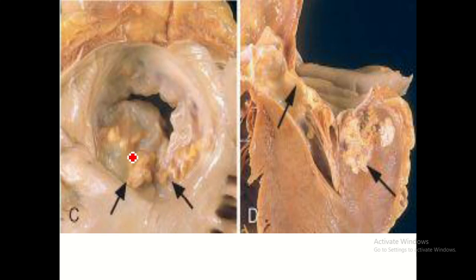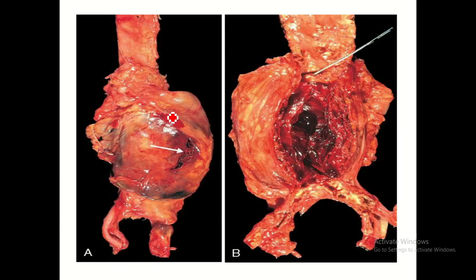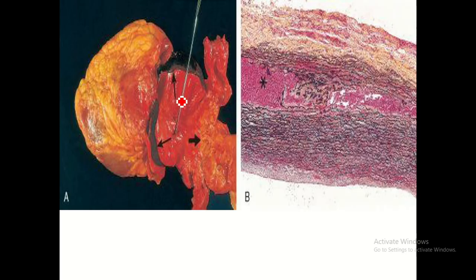In case of calcific degeneration, you can see calcific deposits. In case of mitral valve prolapse, you will see the prolapsed mitral valve ballooning backward into the atrium. If there are associated wall abnormalities of the aorta, you can see dilation and or dissection of the aorta.